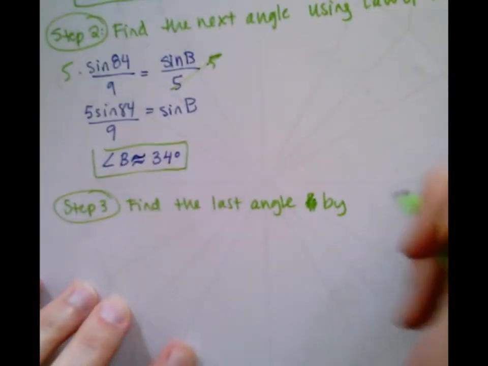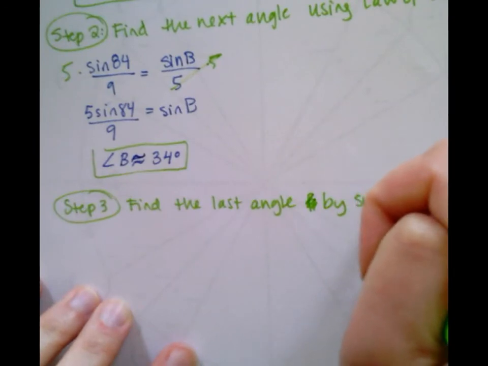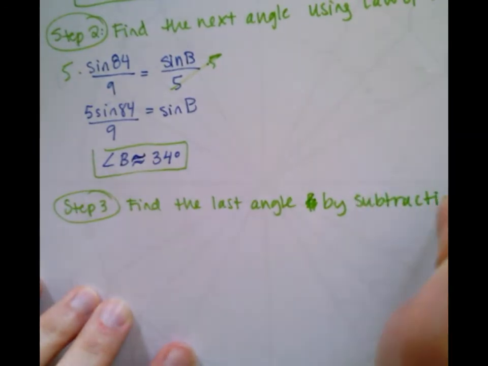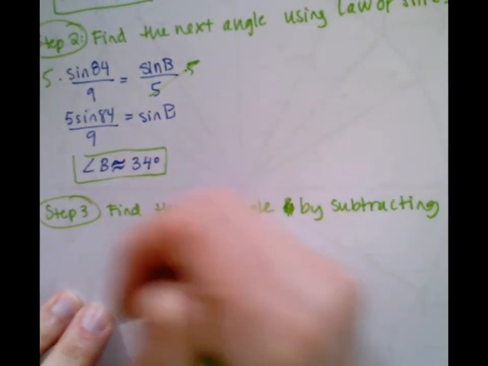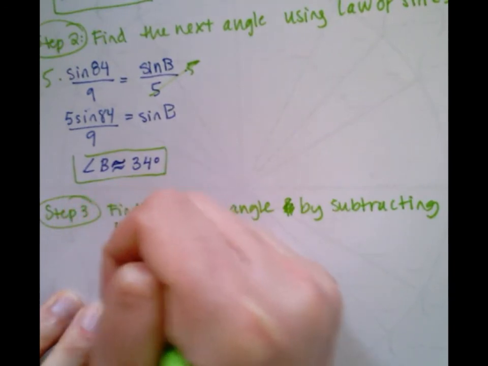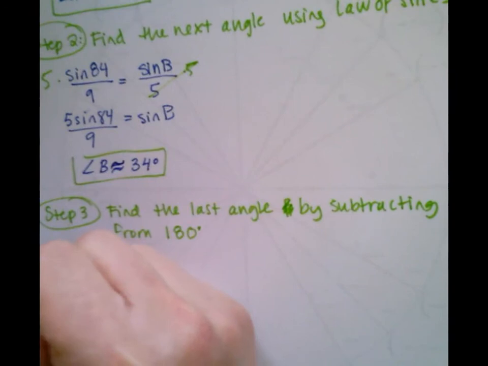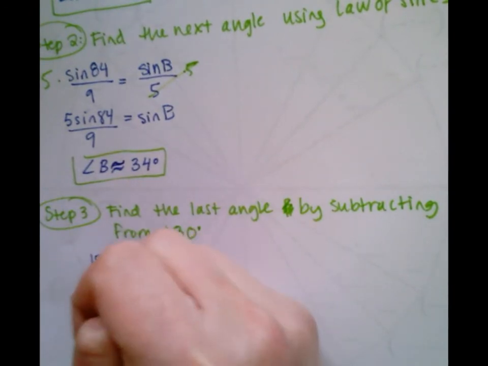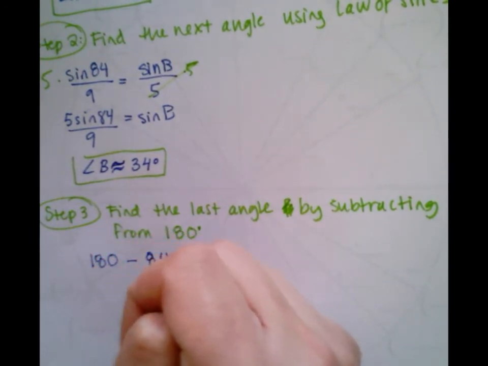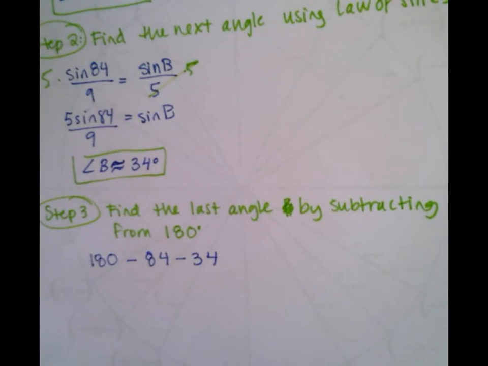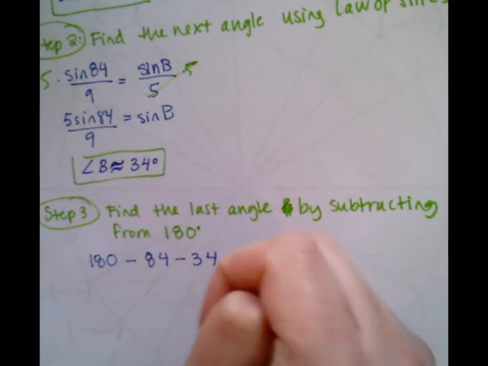So find the last angle by subtracting from 180 degrees. So I'm doing 180 minus 84 minus 34. And I get 62.